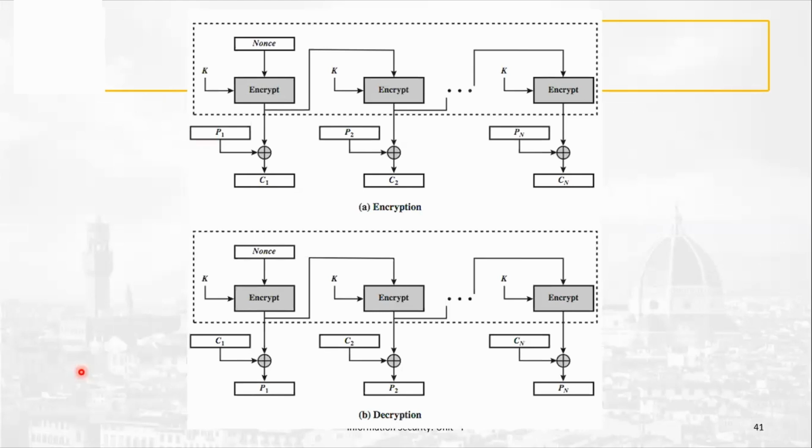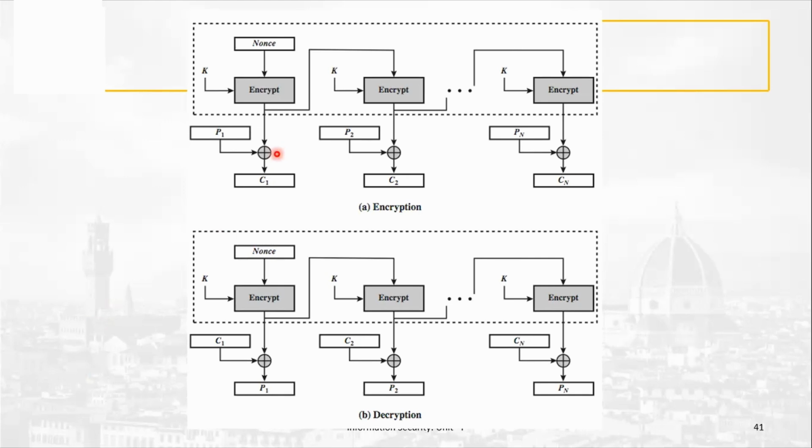So the next one is output feedback mode. Now, one problem that we have discussed is not addressed yet. In fact, I was expecting that question from you. We have discussed the problem that in these methods, the feedback mode or chain mode, parallel operation is not possible, right? So how to perform this operation in parallel?